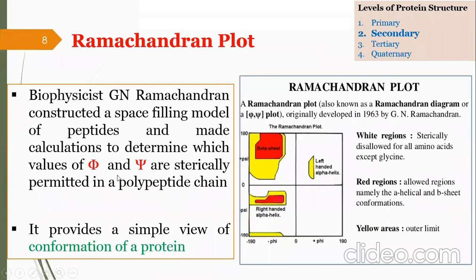This is determined in the space filling model, because every atom carries some space. In that model we can determine which phi and psi are permitted, and which shapes are possible, because of the limits of these phi and psi bonds.